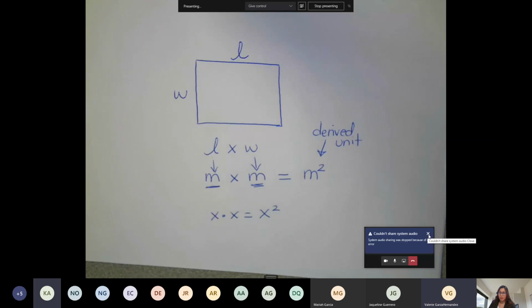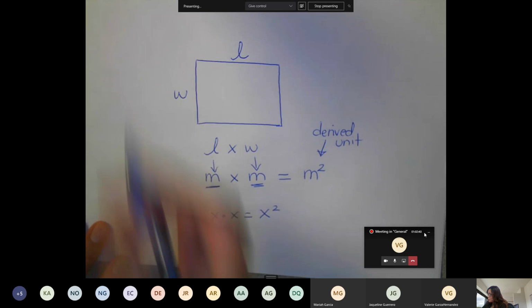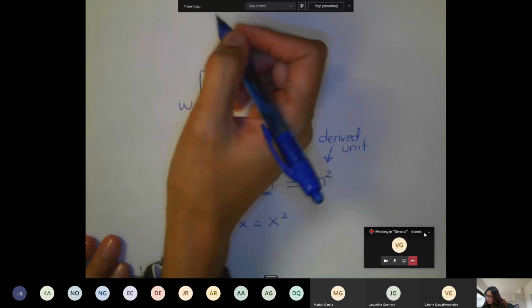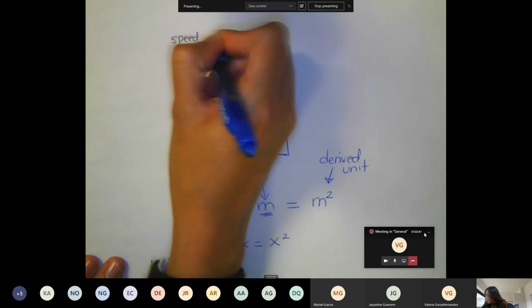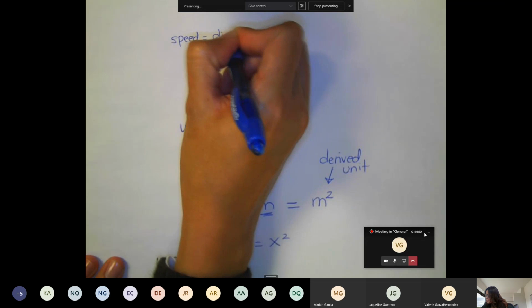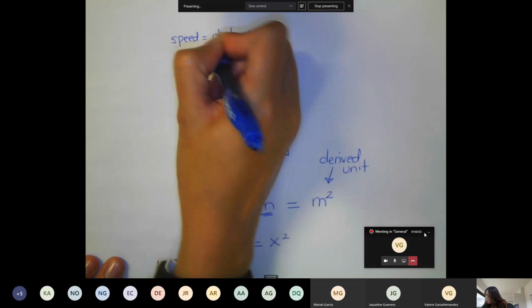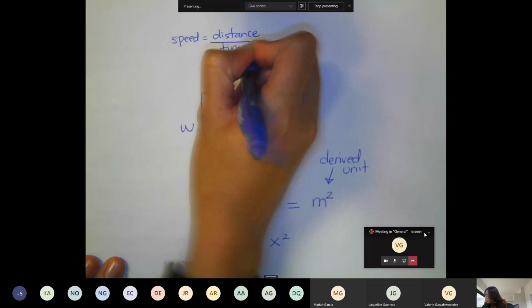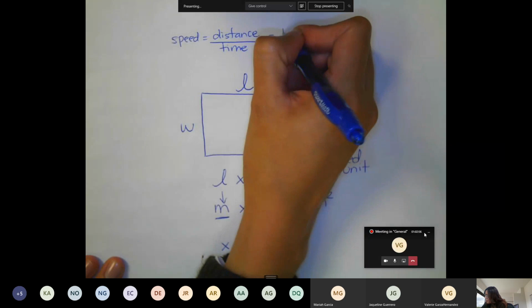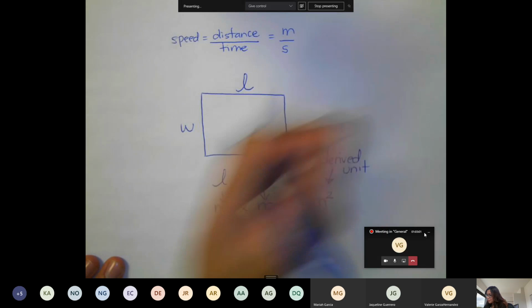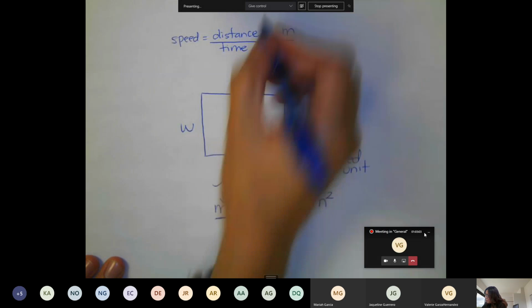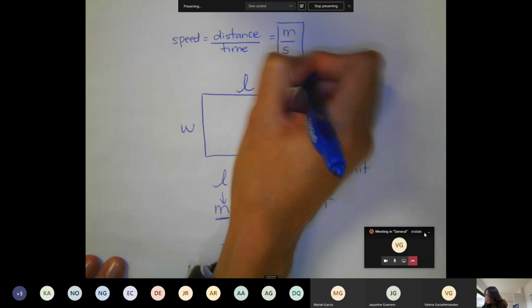So it could be the same. Yes, it can be the same one. It doesn't need to be a different one. For example, for speed, because you guys are familiar with speed, I'm going to use that one. When you want to find speed, you're taking distance over time, right? And what unit do we use for distance? We said meter. And what unit do we use for time? Second, right? So the unit for speed is meters per second.